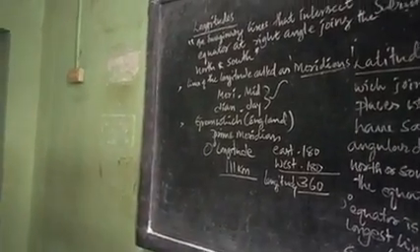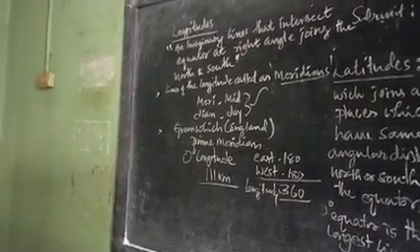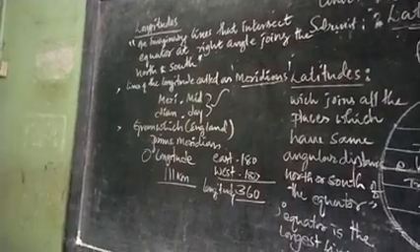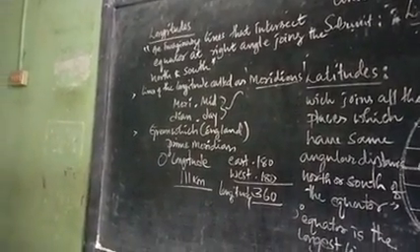The imaginary lines that intersect the equator at right angle joining the north and south are called longitudes.